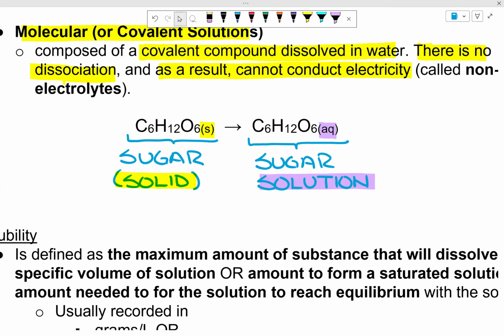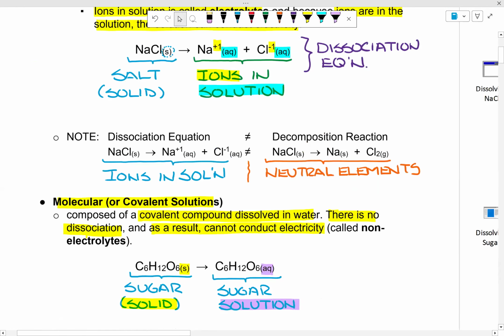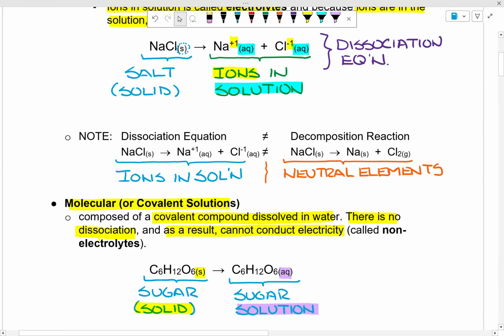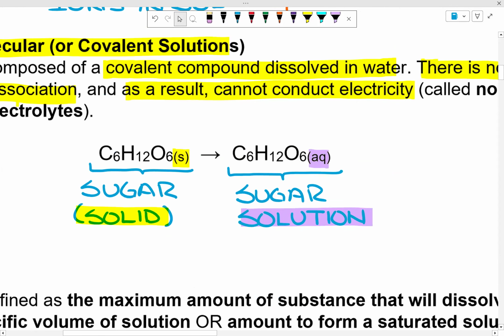Now, if I zoom out here, you notice the difference between the two equations. One provides ions in solution. That's what happens with the sodium chloride, breaking apart into sodium +1 and chlorine -1. In the second example, notice the entire molecule stays together. The carbon, hydrogen, and oxygen stay together. You do not break it apart.